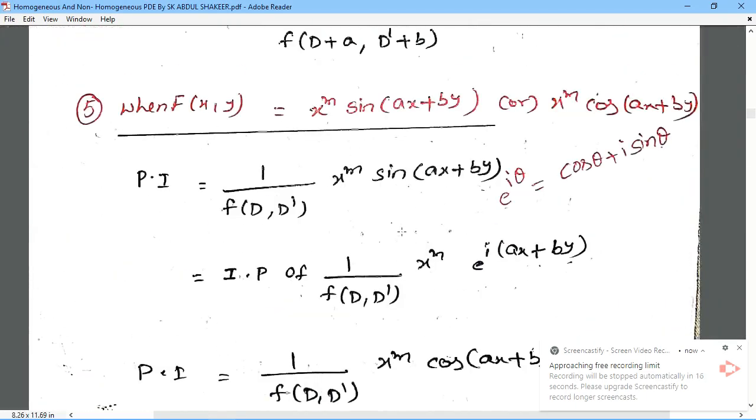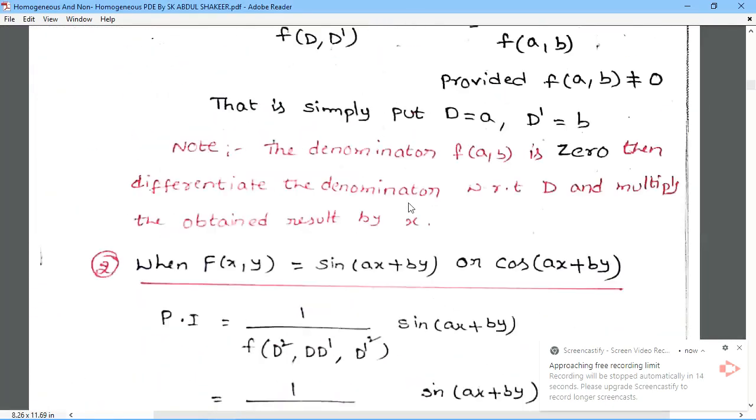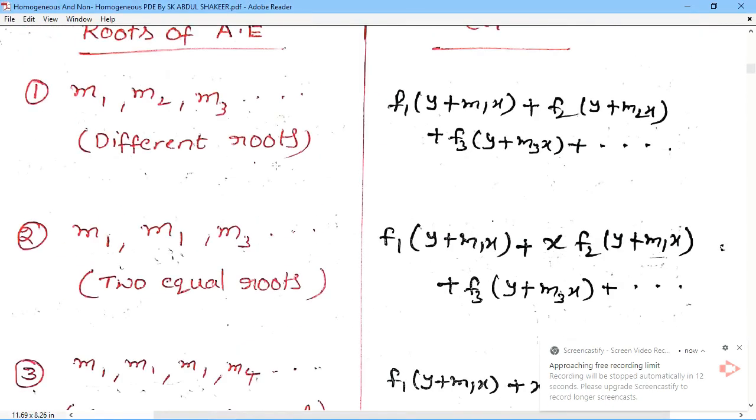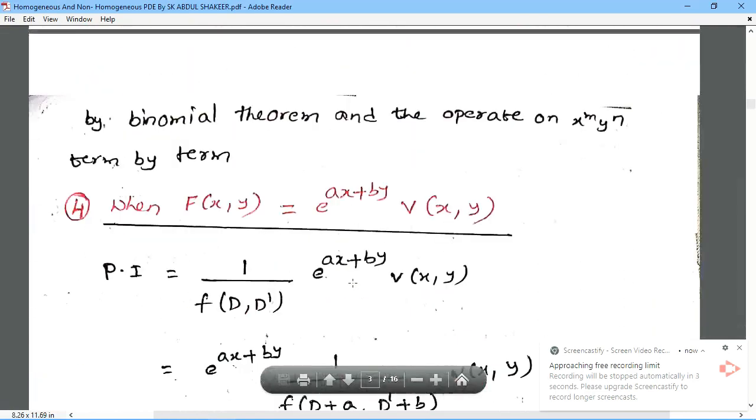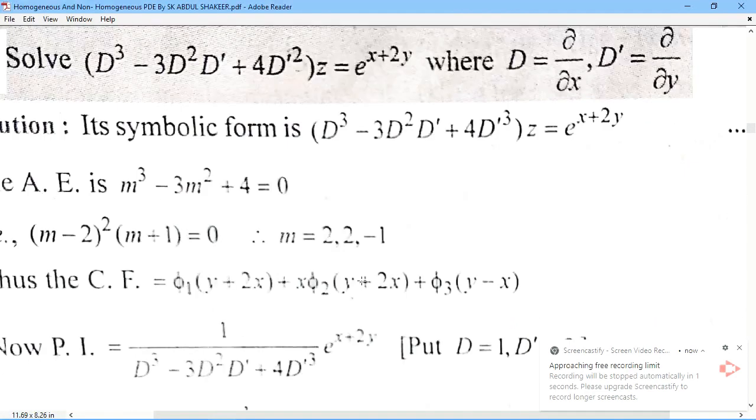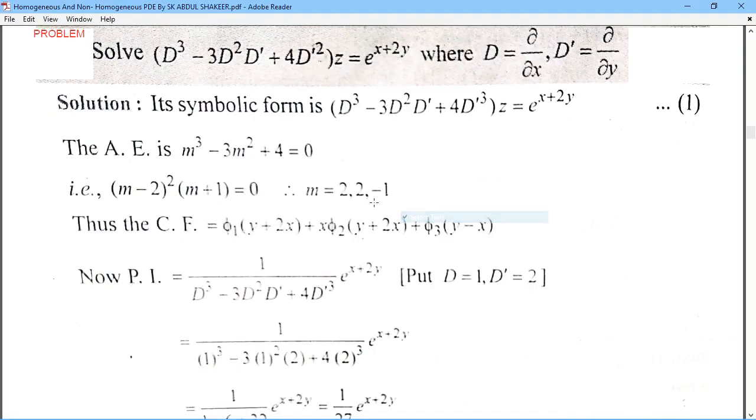So in this complementary function table, which step do we have to use? First step, second step or third step? Second step, because the two roots are equal. So we have to write CF. The two roots are 2, 2, and the last one is minus 1.